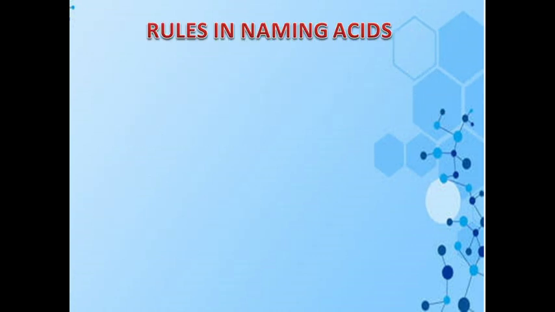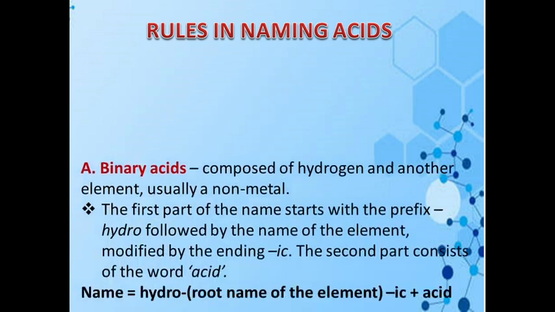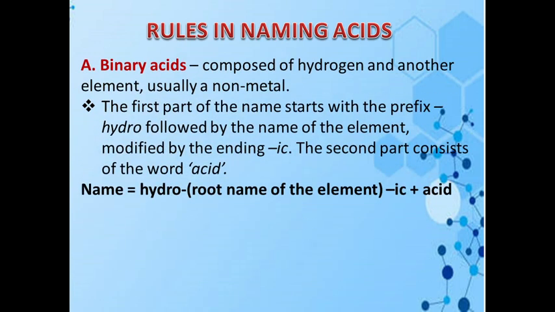Next are the rules in naming acids. Letter A, or number 1, we have the binary acids. They are composed of hydrogen and another element, usually a non-metal. The first part of the name starts with the prefix hydro, followed by the name of the element modified by the ending -ic. The second part consists of the word acid.